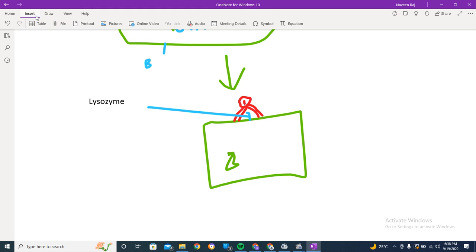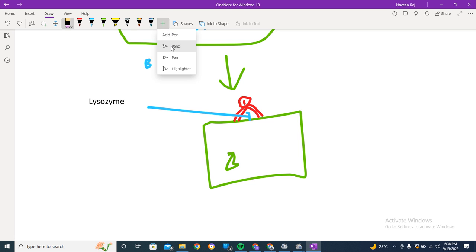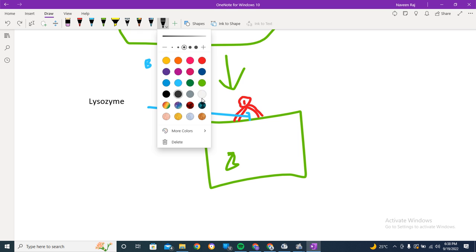As a result of it, this wall gets digested. What do I mean by this?